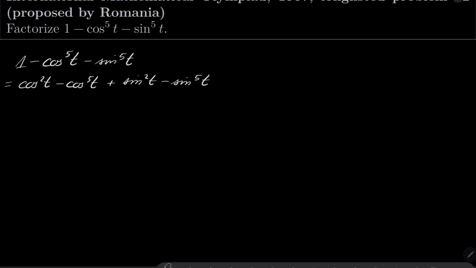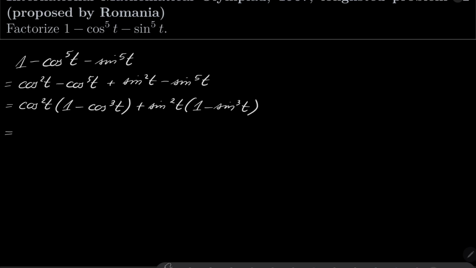Alright, and now from the first two terms I will factor out cosine squared of t, and I am left with 1 minus cosine cubed of t plus sine squared of t, 1 minus sine cubed of t.